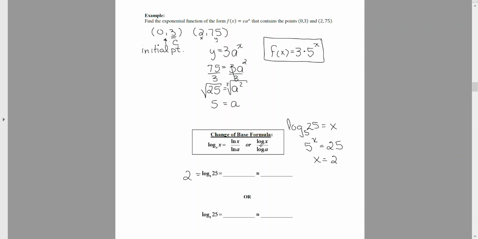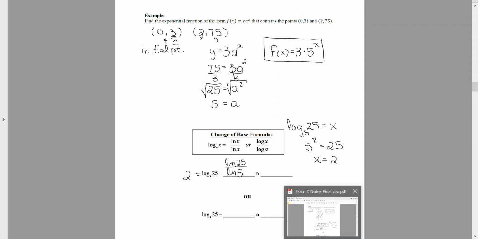But using the change of base formula, I can use my calculator to help me out. I can rewrite this as the natural log of the argument, 25, over the natural log of the base, which is 5.